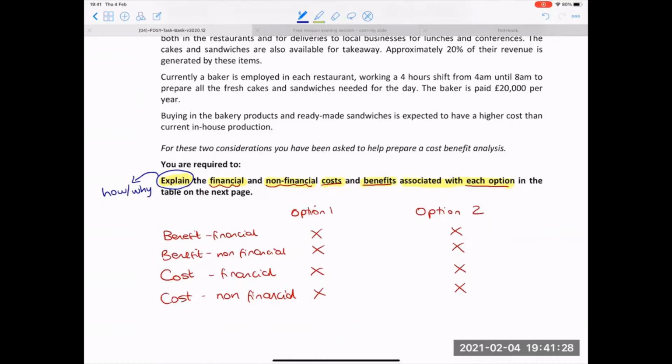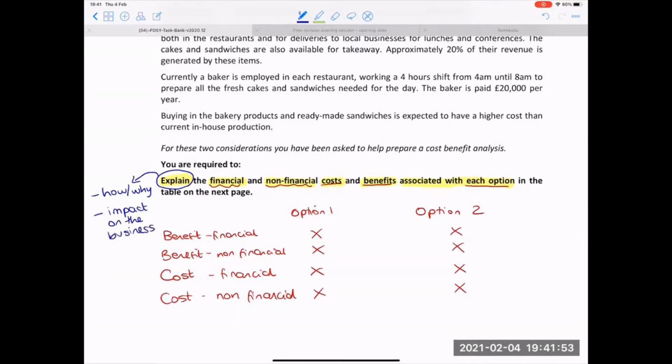The reason, calculations, how it gives me that. And if you think that's too simple, if that doesn't get you very far, the way you can expand on it, and this is what I see time and time again when I mark these questions, what people don't do is say the impact on the business.